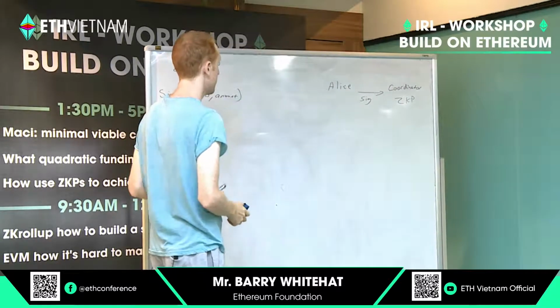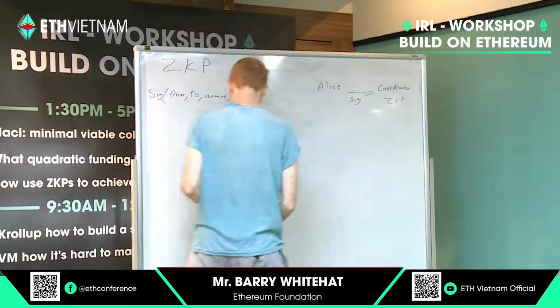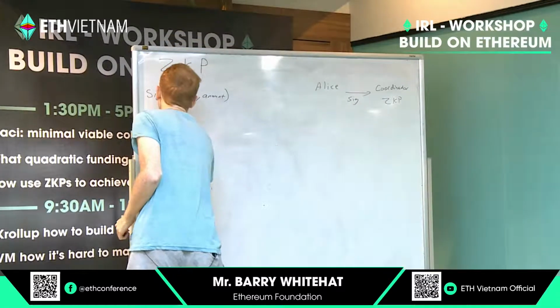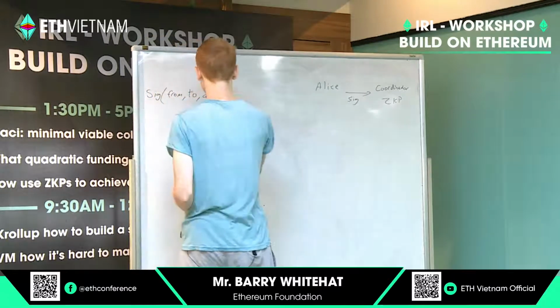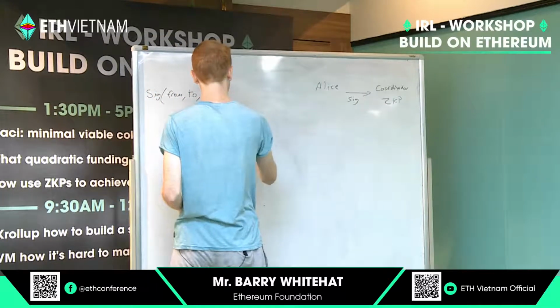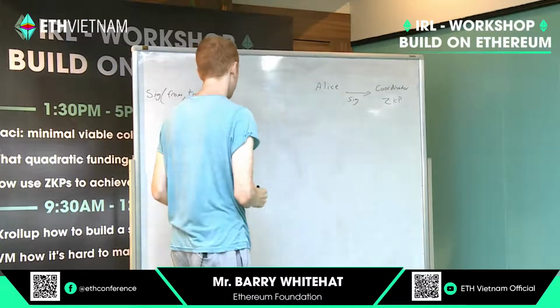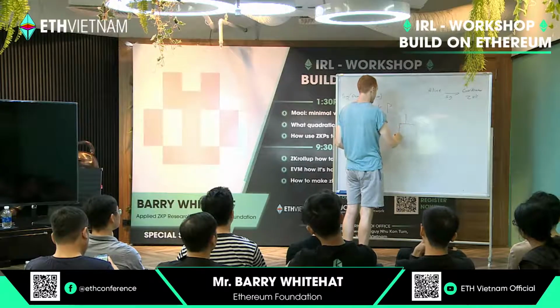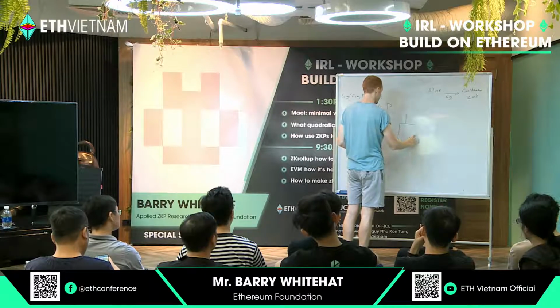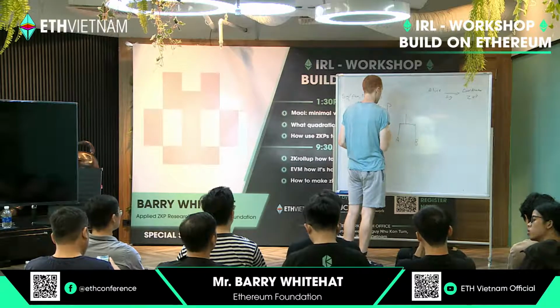So we have our signature. Alice sends it to the coordinator, and our coordinator is now going to make our zero knowledge proof. Basically we have a Merkle tree with Alice's leaf and Bob's leaf, and we have our signature.